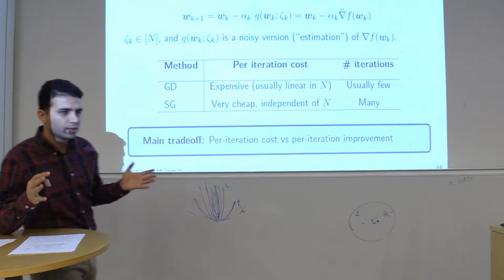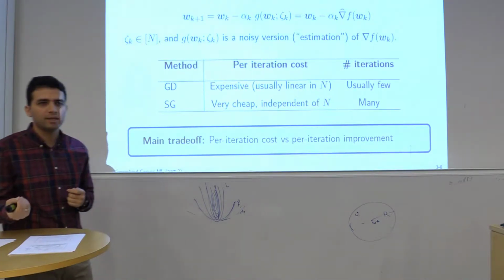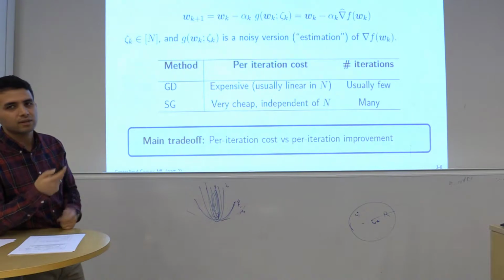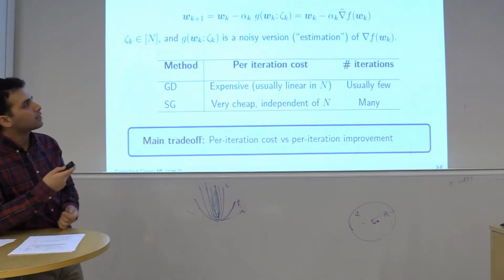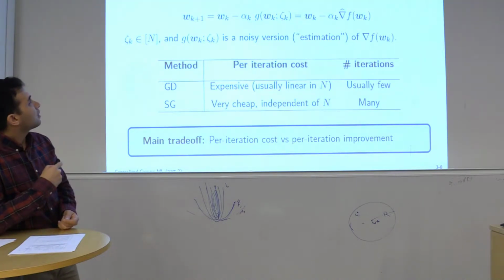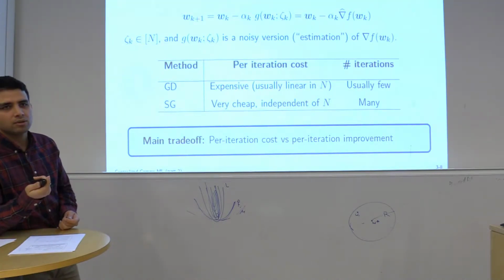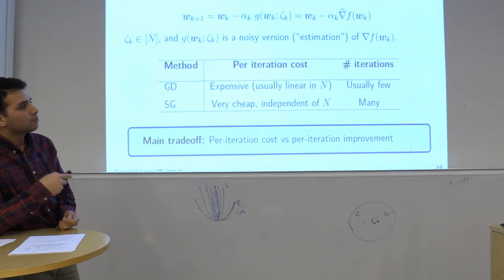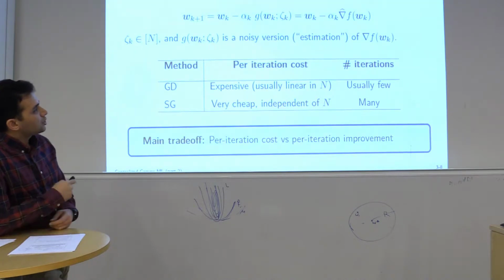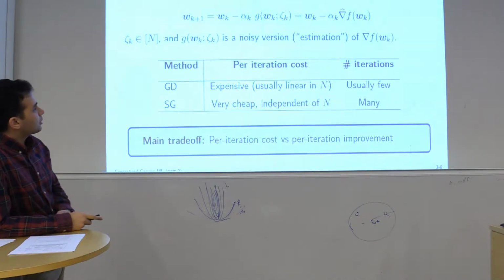Let's say that there is an oracle to which you give an index, and the oracle tells you the gradient of that index. So you ask the oracle, give me the gradient of f of 2, and it will give that. This one requires n calls to the oracle because we need all these gradients to be able to find this. This one may need just one call. Okay. So this is the general setup here.